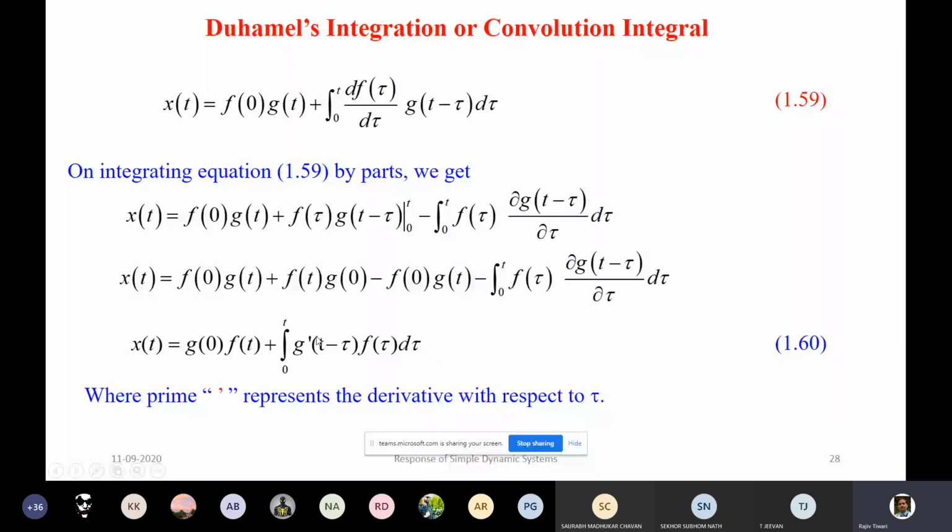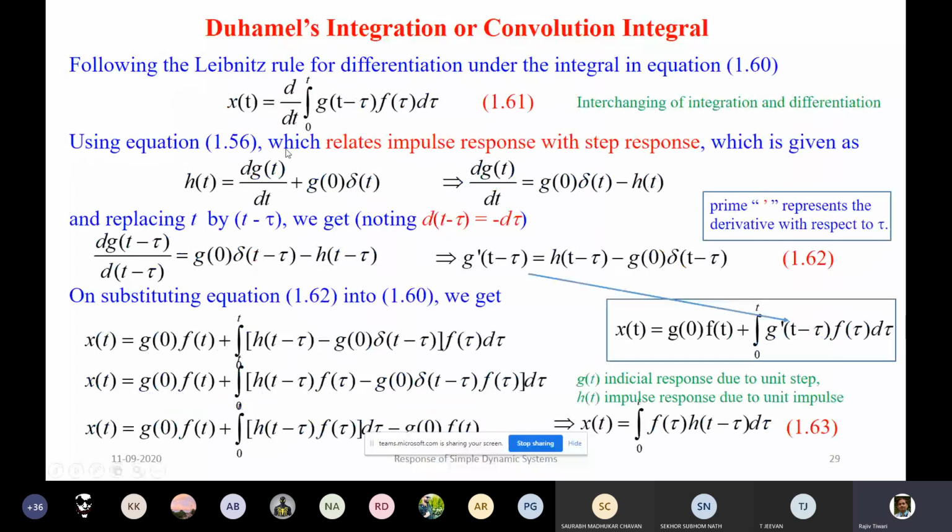Here the prime represents the derivative with respect to tau. Now we know that the order of differentiation and integration can be interchanged, and we will apply that.